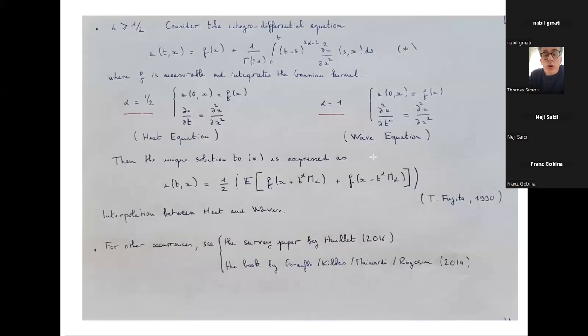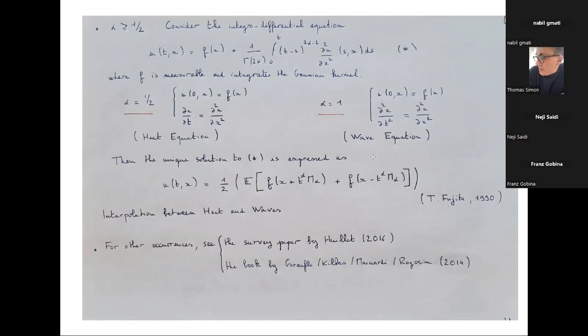So if you merge the two, you find again the Gaussian random variable actually. So there are other occurrences of the Mittag-Leffler random variable. They are numerous enough to deserve a survey, which was written down by Huillet 6 years ago.